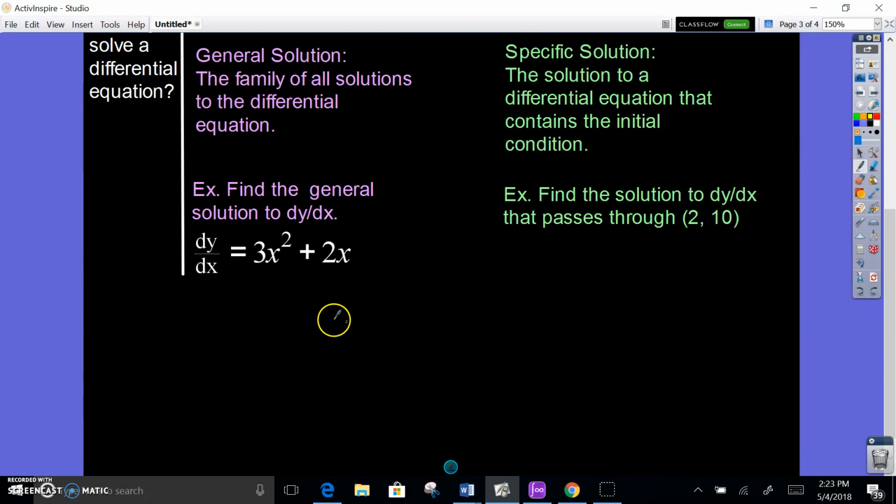Okay, so I have here my dy/dx, and it says to find the general solution. Sometimes they won't even put general, they will just say solution. And I'm basically going to take the antiderivative. So the antiderivative of the derivative would give me y, and then I'll go ahead and work my power rule. I'll add 1, multiply by the reciprocal. That gives me x cubed plus x squared.